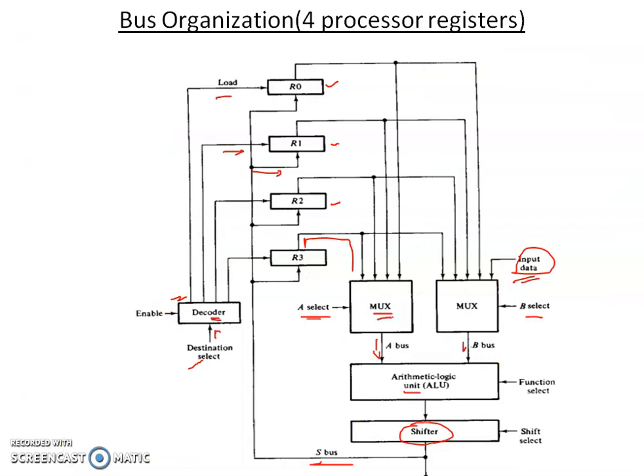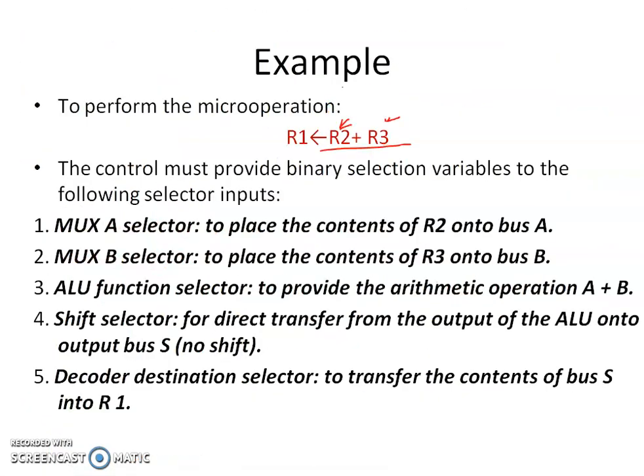Using this A select, the first multiplexer will be selecting the register R2, and the second multiplexer will be selecting the register R3. The first multiplexer will be placing it on bus A, and the second multiplexer will be placing it on bus B.